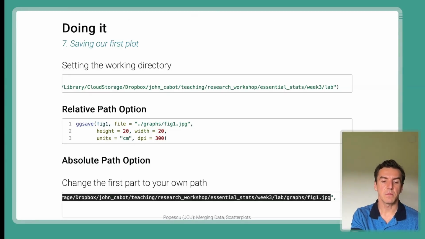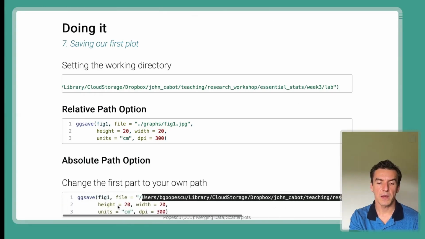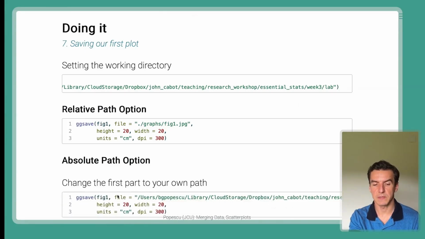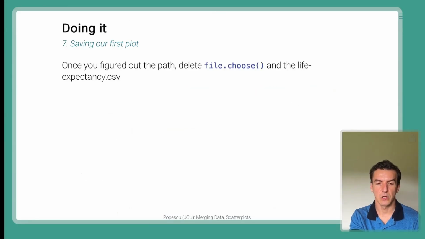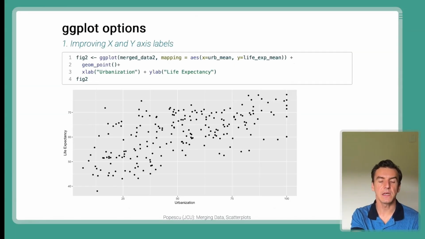If somehow you struggle with this idea of a relative path option, an absolute path is also one possibility. This section here is the same as this section here. It's up to you. Once we figure out the path, we can finally delete file.choose and then the lifeexpectancy.csv. And then finally, we can make the graph itself.